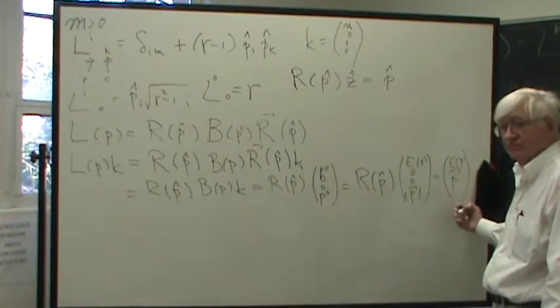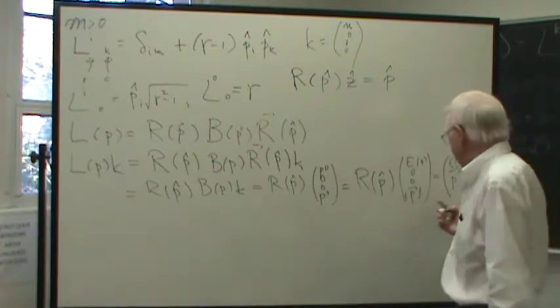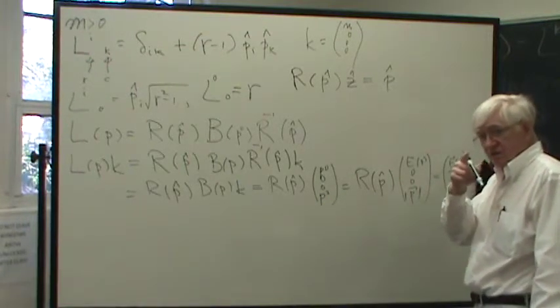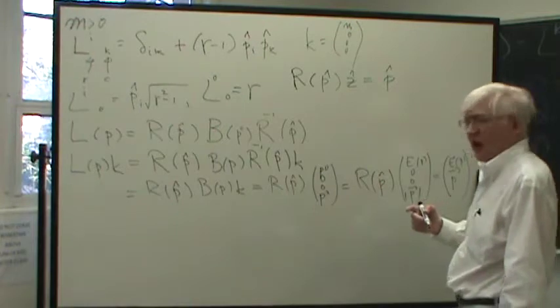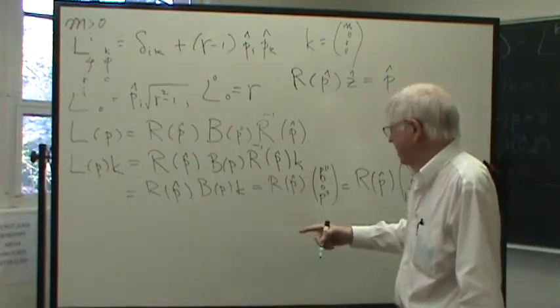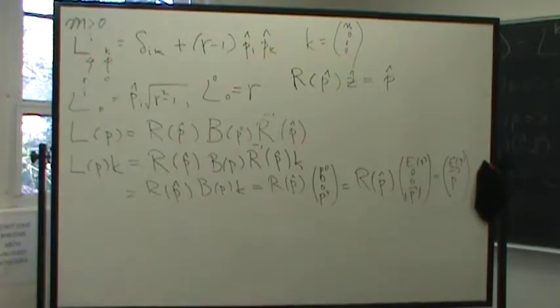That's a 3 vector P though, right? This is 3 vector P. Arrow is 3 vector. Why can we get rid of the R inverse? In the second to last line you have R of P, B of P, R inverse of P on K, and then you go down a line and the R inverse goes away. I missed why that goes away. Great question.